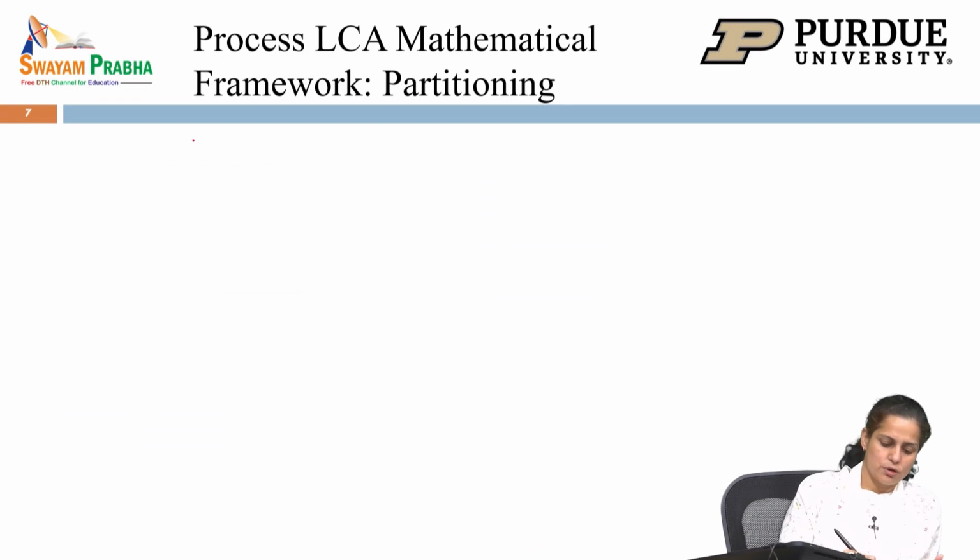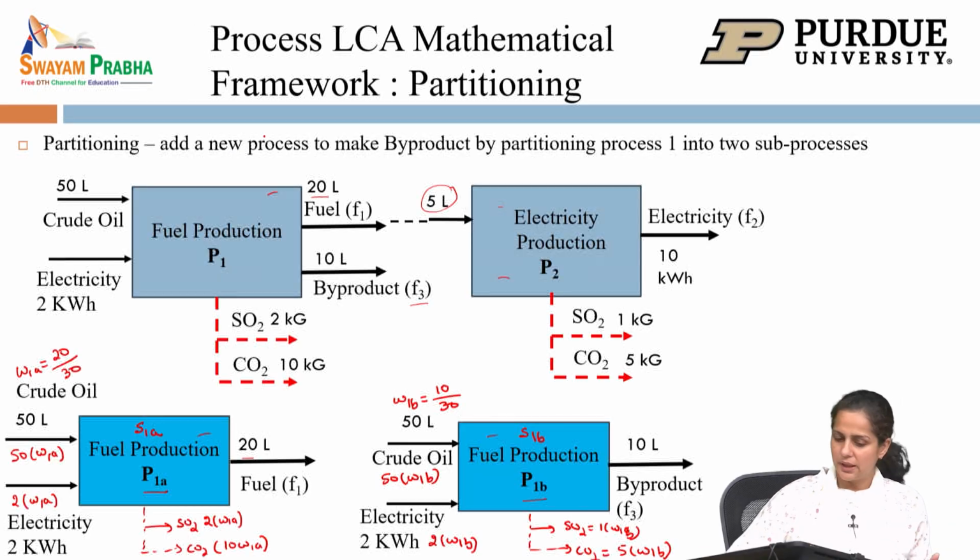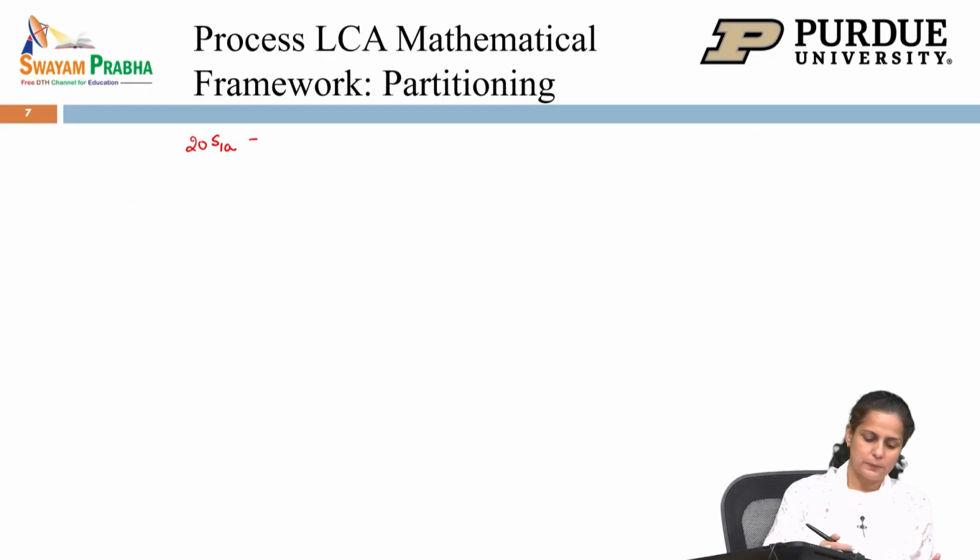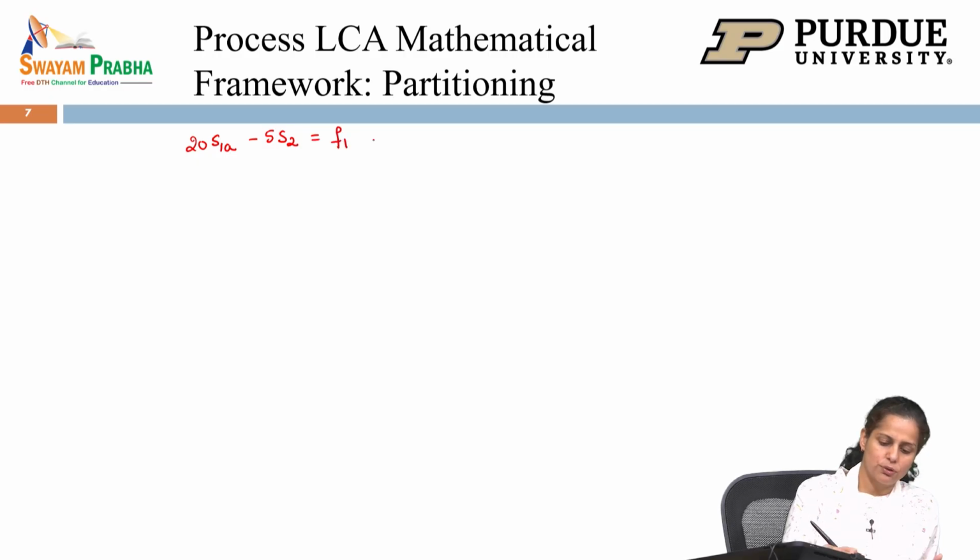So, for fuel the balance is 20 times S1A minus 5 times S2, which is the process 2 that is using the fuel. So, this is the balance for fuel production in the network.